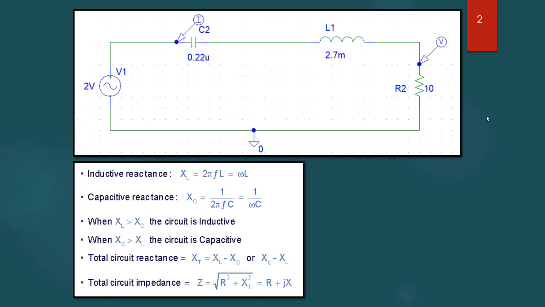At first, we will learn about the different reactances and impedances of this circuit. As we can see here, we have an inductance.